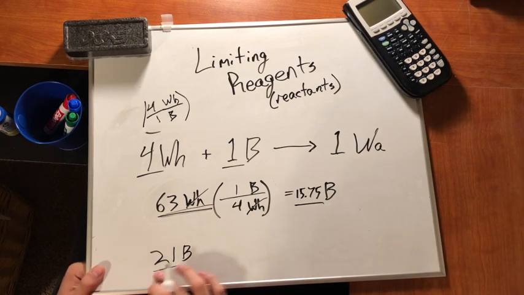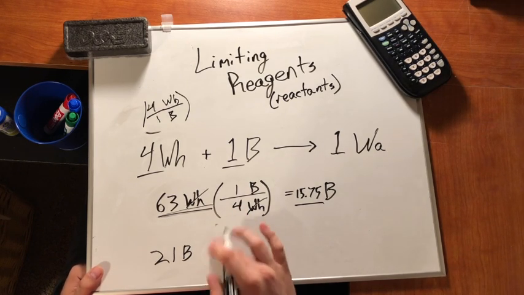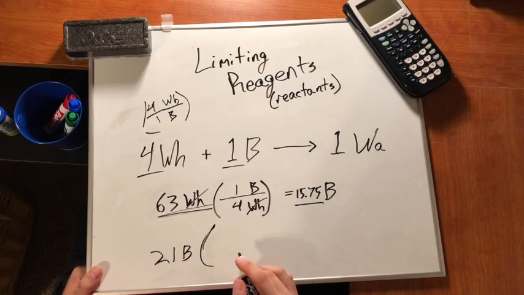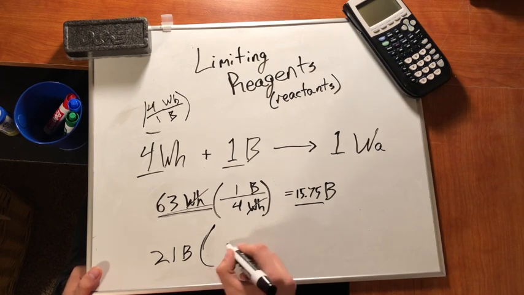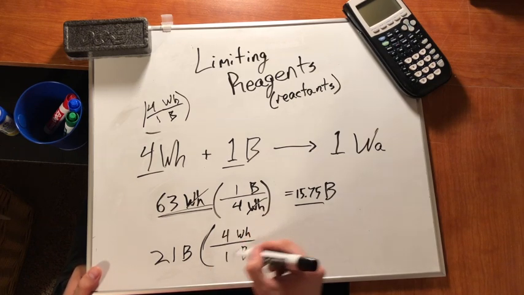Okay, so now let's figure out the rest of this. Let's calculate for bodies and figure out if the bodies is the limiting reagent. Okay, so let's do our conversion. So I'm going to convert this to wheels using my conversion factor.